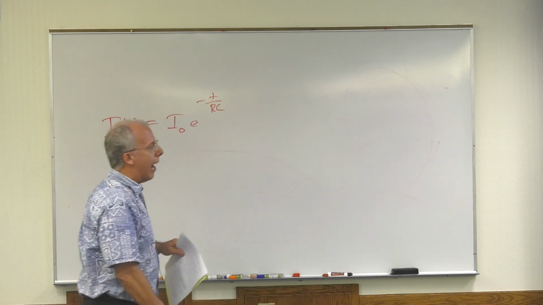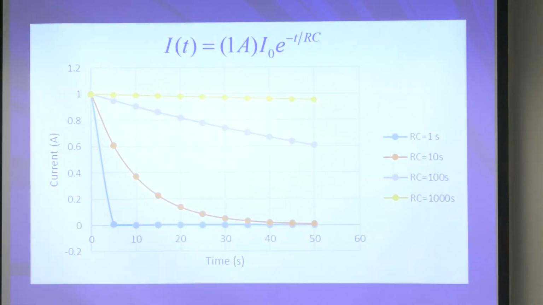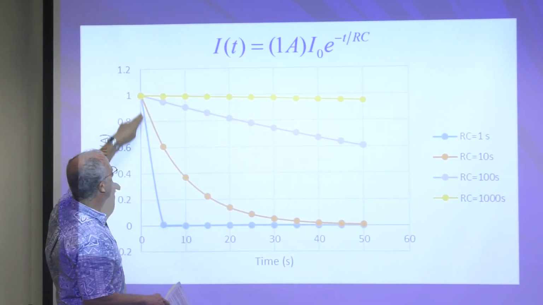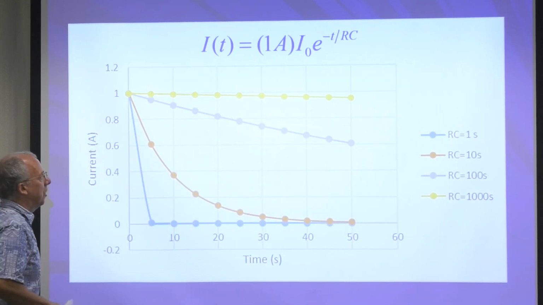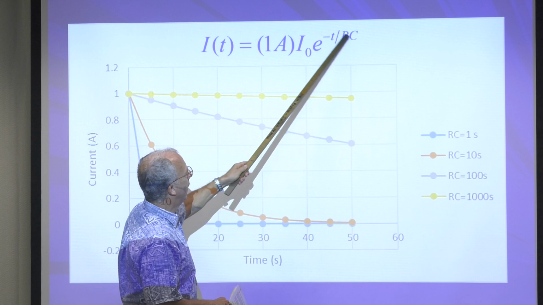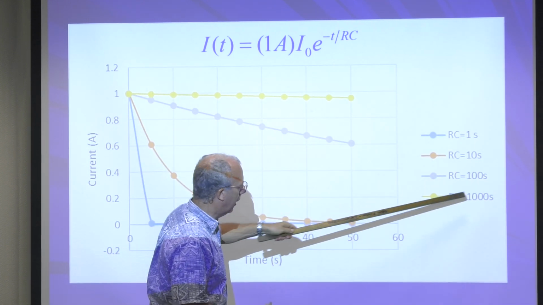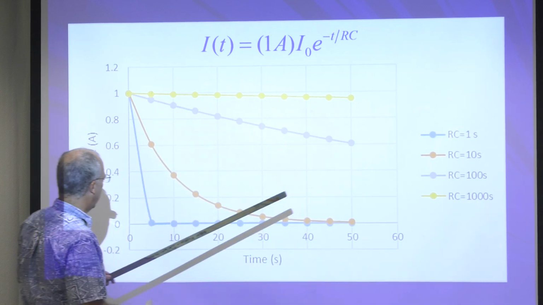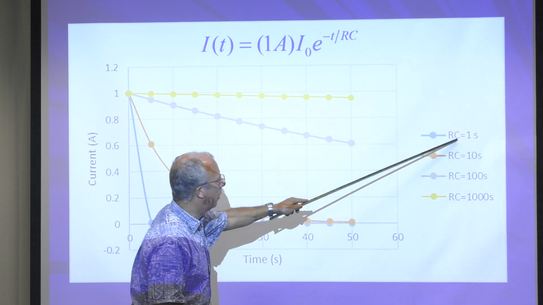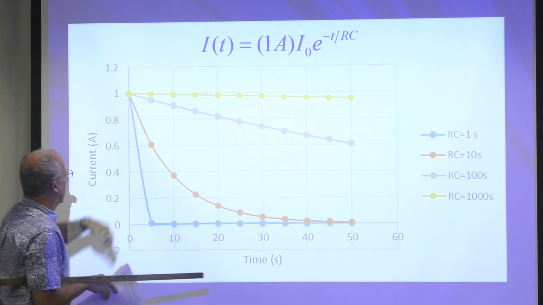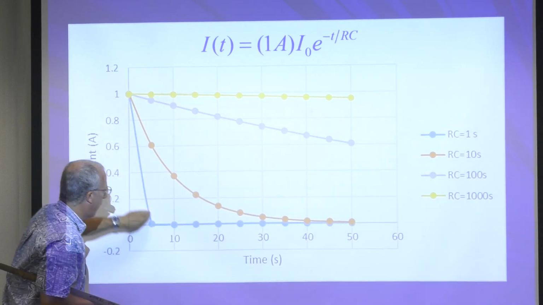Let me show you a graph that I made with Excel. So let's just put in some real numbers. Let's say that the initial current is 1 amp, and then I have different values of the RC, all right? So I have like 1, 10, 100, 1,000 seconds. If RC is really small, look, it decays really, really quickly. I mean, it goes to 0 really fast.